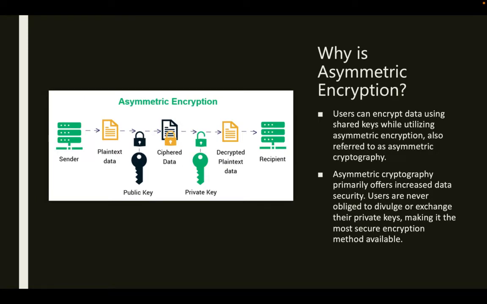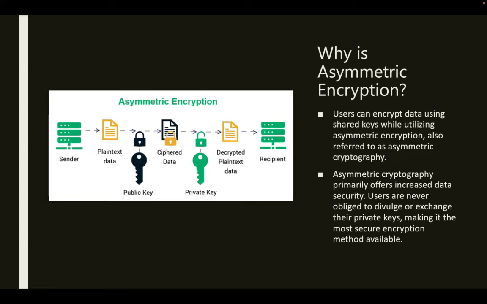In asymmetric encryption, also referred to as asymmetric cryptography, users can encrypt data using shared keys. You must communicate on the internet, but you only want the intended recipient to see what you have typed. You can accomplish that goal with the aid of asymmetric encryption.